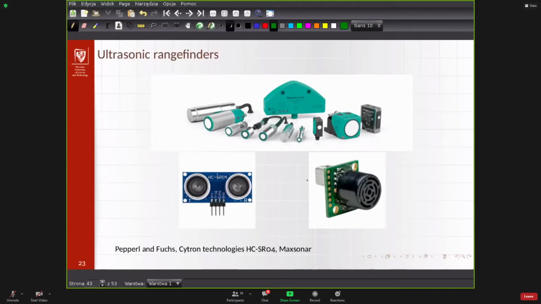At the bottom, you can find the amateur versions, from the very cheap, the basic SR04, to a little bit more expensive with the pre-processing on the microcontroller on a board from Max Sonar. The two at the bottom are quite commonly used in different amateur mobile robot constructions.